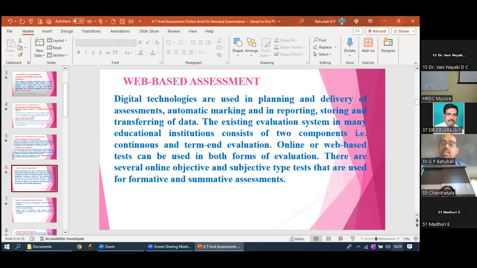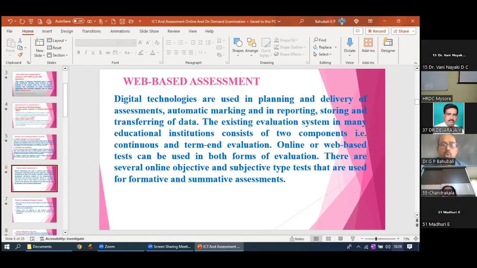The existing evaluation system in educational institutions consists of two components: continuous evaluation and the term-end examination. Online or web tests can be used in both forms, for continuous as well as terminal examination.